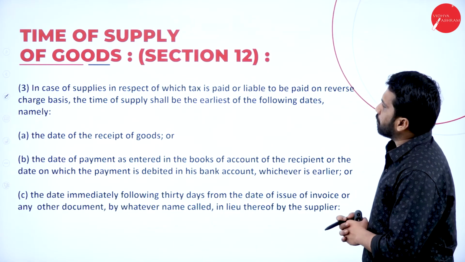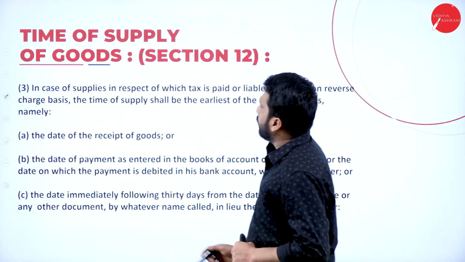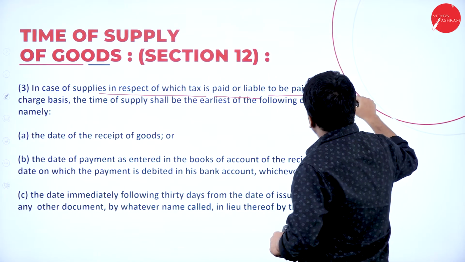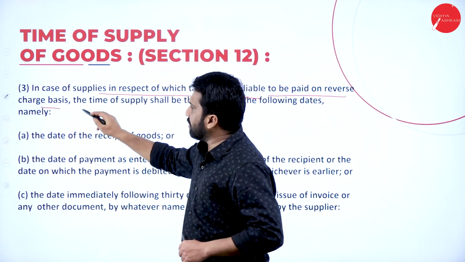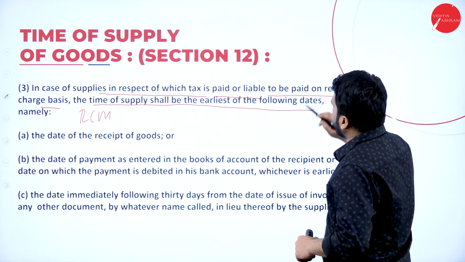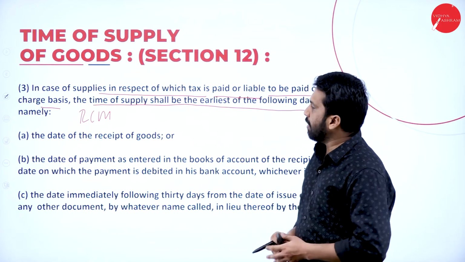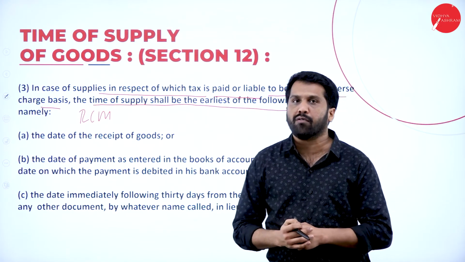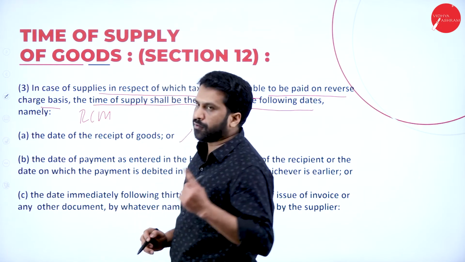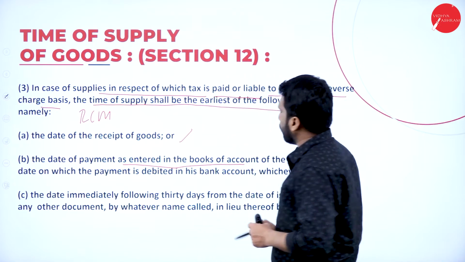And we have the third point, time of supply of goods, section 12, continuation. In case of supplies in respect of which tax is liable to be paid on reverse charge basis, RCM, the time of supply shall be the earlier of the following. First point, the date of the receipt of goods. Second point, the date on which payment is entered in the books of account.